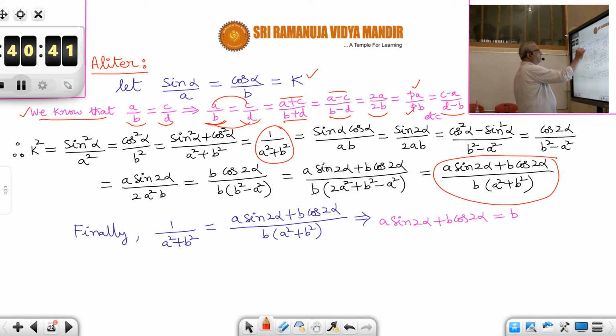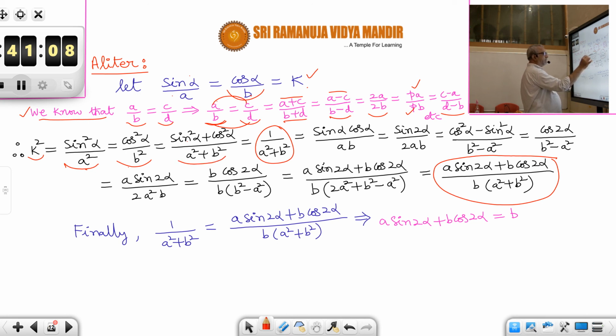So we started with sin alpha by a is equal to cos alpha by b is equal to k. Let us consider k square. What is k square? Sin square alpha by a square, similarly equal to cos square alpha by b square. Now numerators I am adding, sin square alpha plus cos square alpha, and denominators also, a square plus b square.